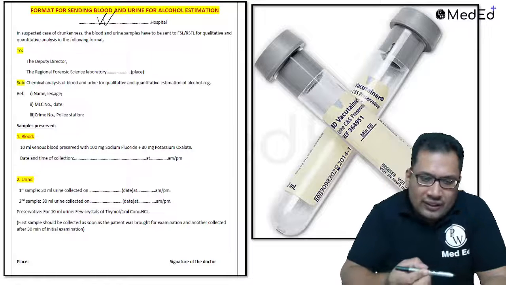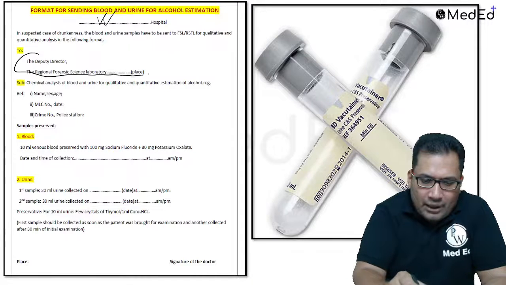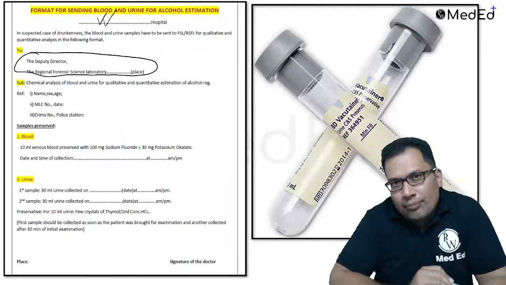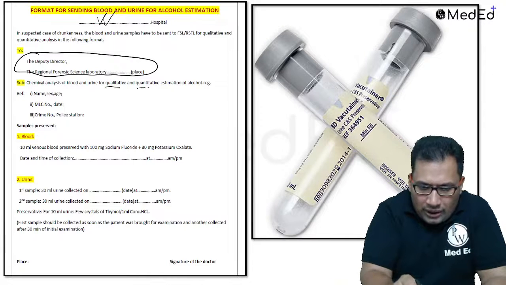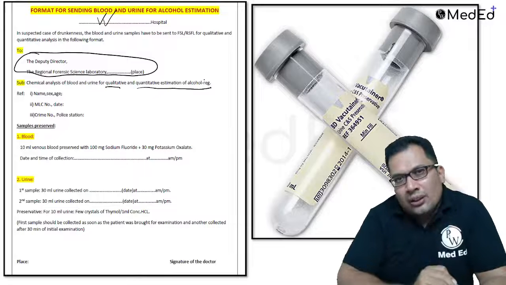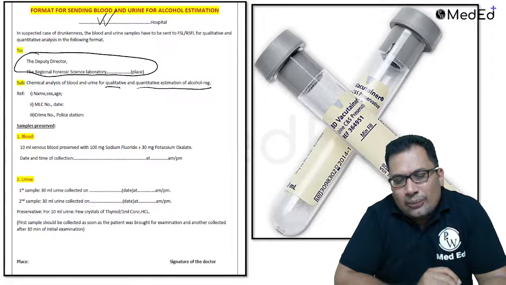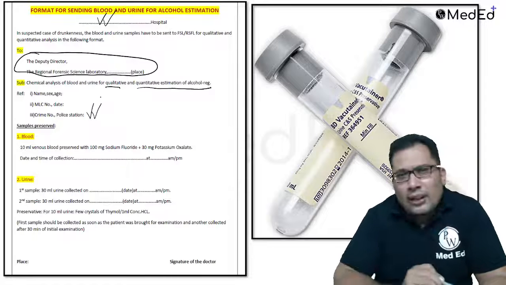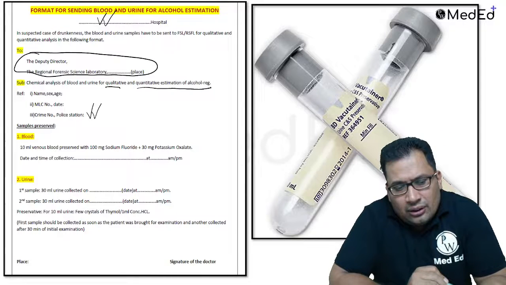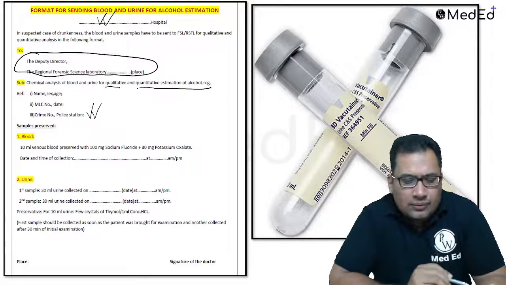To the FSL laboratory, Deputy Director FSL laboratory, for qualitative and quantitative alcohol estimation. You can write name, MLC number, train number, police station and all. Like Daryaganj police station, Delhi, MLC number, name of the patient.